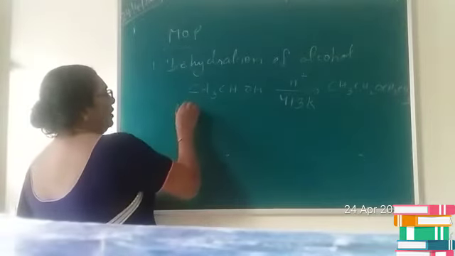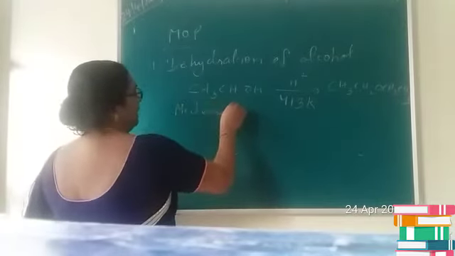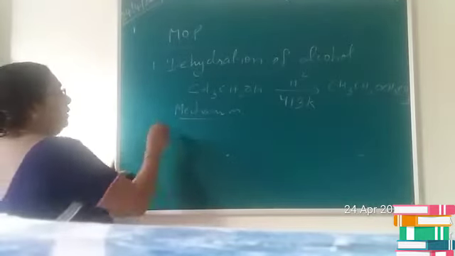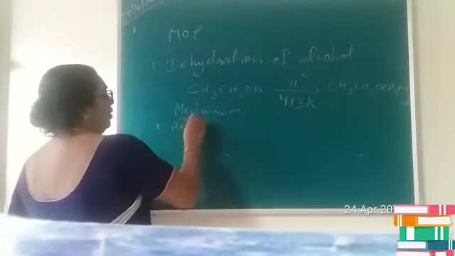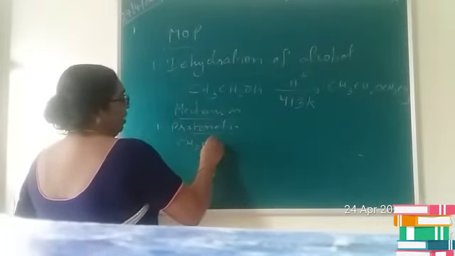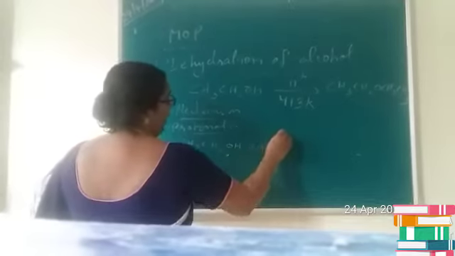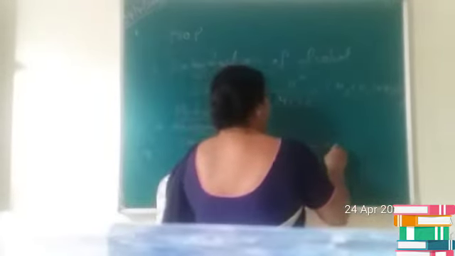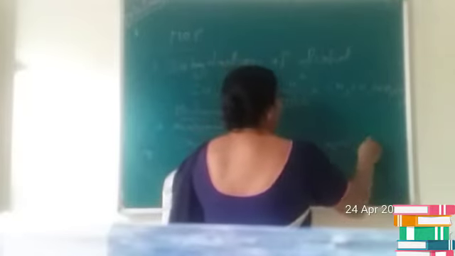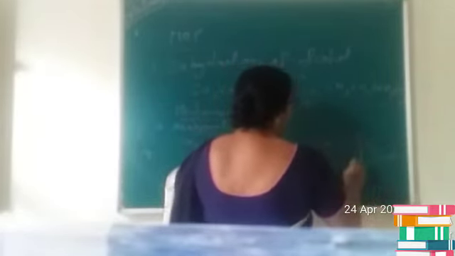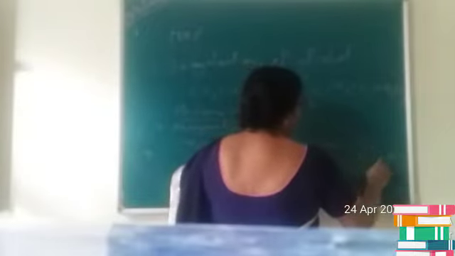Let us see the mechanism of this reaction. This is the last mechanism we have to study in this particular chapter. The first step is protonation of alcohol. That is, CH3CH2OH undergoes protonation and produces protonated alcohol, CH3CH2OH2+, which loses a molecule of water and you will get a carbocation.